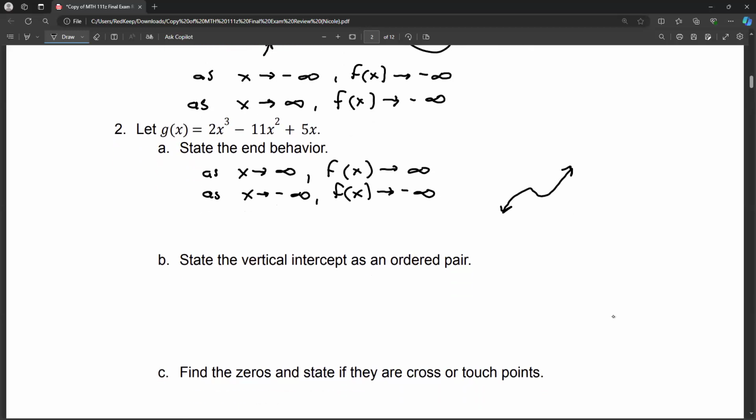Moving on to part B, they're asking us to state the vertical intercepts as an ordered pair. The vertical intercepts, we might read that as the y-intercept. And like we did in question one, a method to observe this is to say, if I'm on the y-axis, my x must be equal to 0. So this is just a process of asking, what is g of 0 equal to?